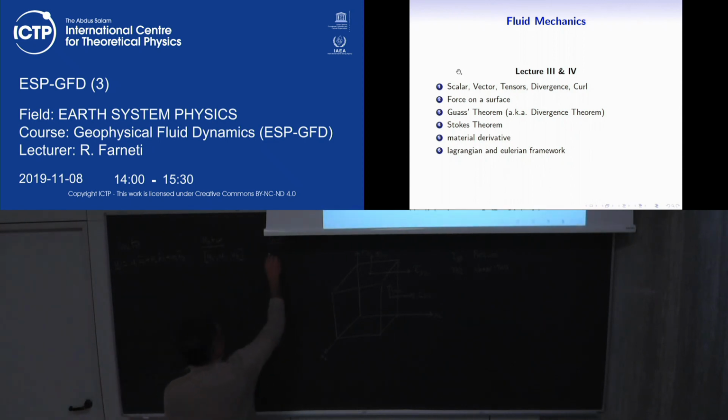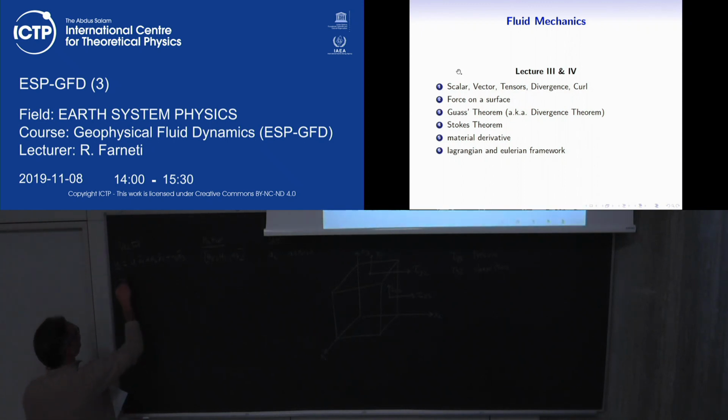Summation. Ui for i equals 1, 2, 3. Okay. Your velocity vector could be zonal, meridional, and vertical components. In vector notation, you will write a tensor this way.